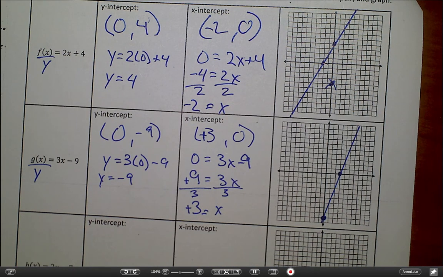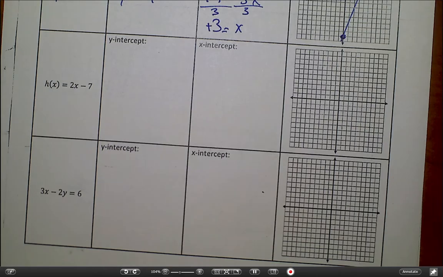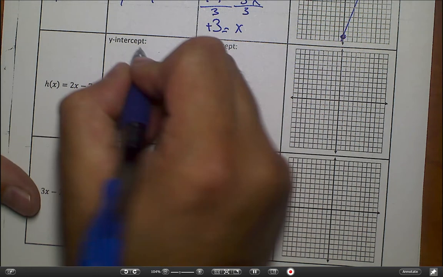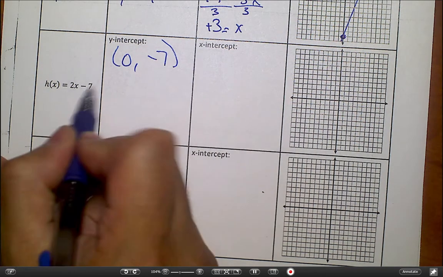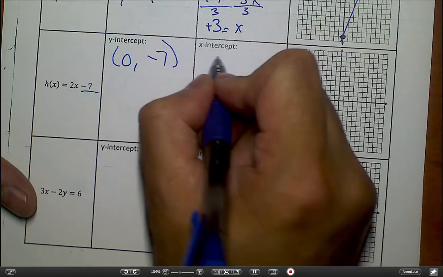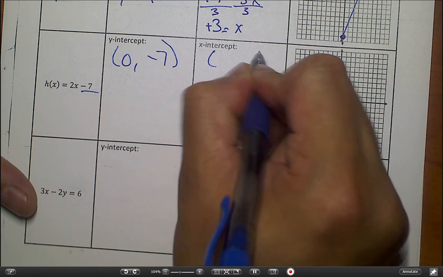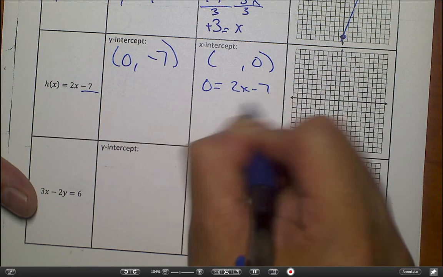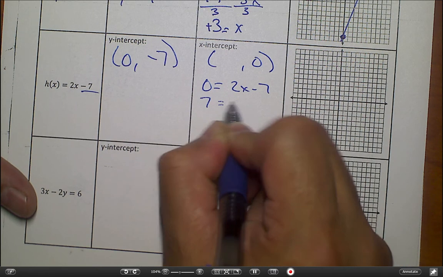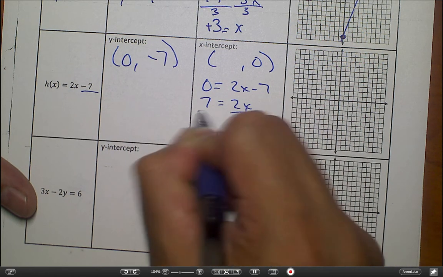All right. So this next one should be pretty quick. Okay, I'll go over this one, and everyone's probably struggling on this next one over here. So this one, it's going to be 0, comma, negative 7, because this is my y-intercept, right? And my last one is going to be, so 0 equals 2x minus 7. Add 7 to both sides. Divide by 2.